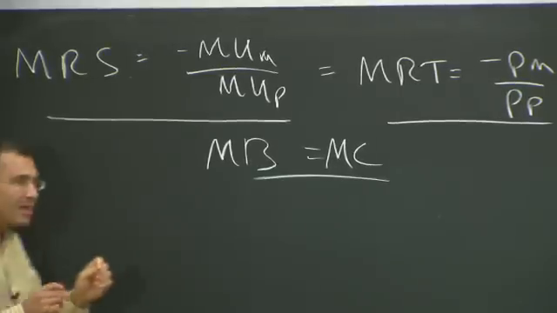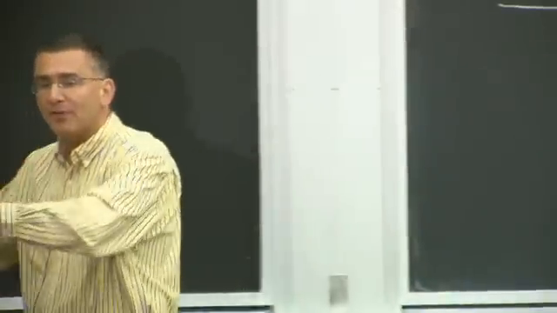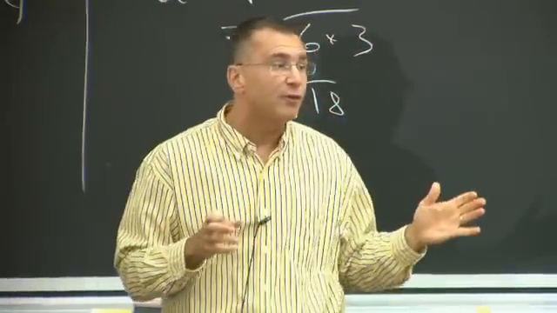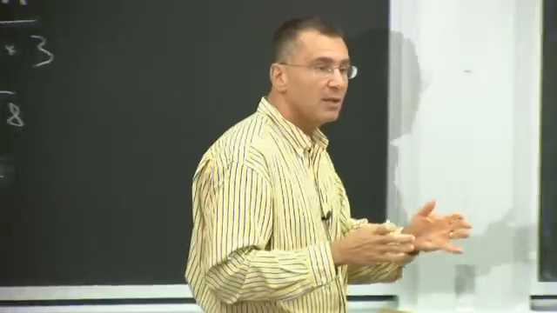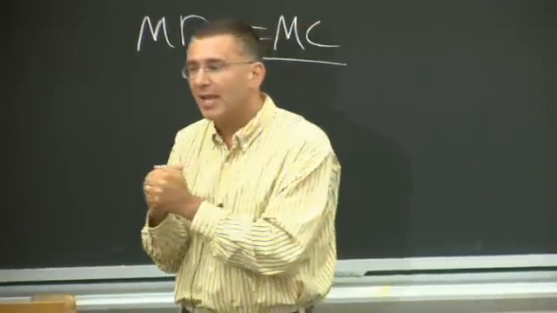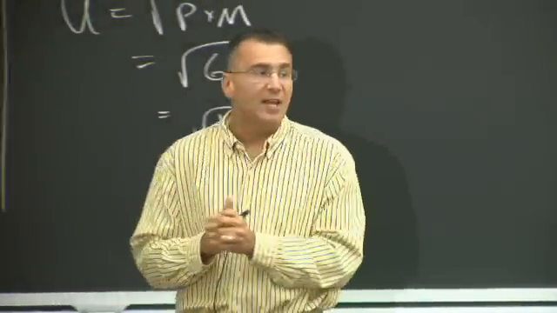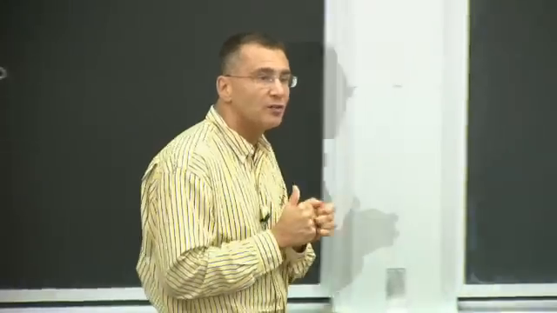And this notion that the optimum will be where marginal benefit equals marginal cost will pervade the whole course. When we do firm maximization, it'll be the same thing. Any maximization we'll do in this course, optimization will be about equating these margins, setting the marginal benefits equal to marginal costs.